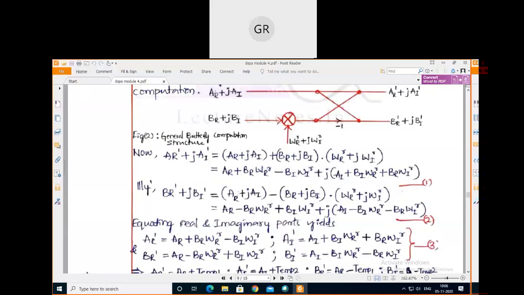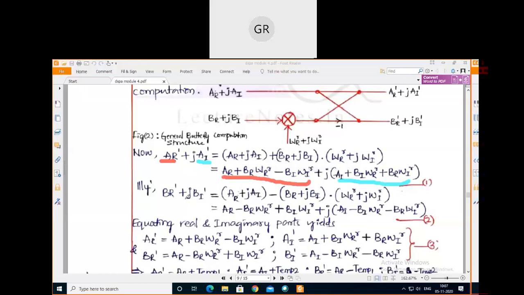Now equating real and imaginary parts. Here we have the real and imaginary parts separately, so equate the real value and the imaginary value. AR' is equal to this real term, AI' is equal to this imaginary term.